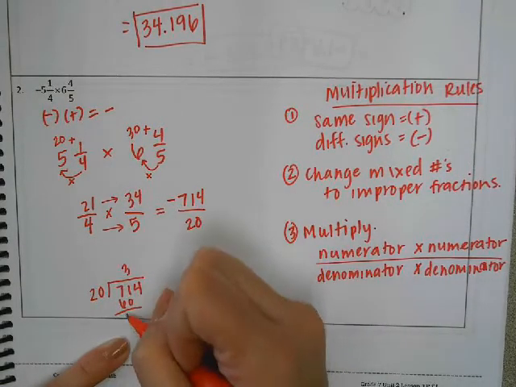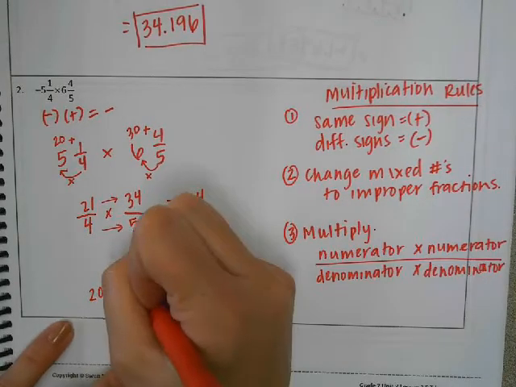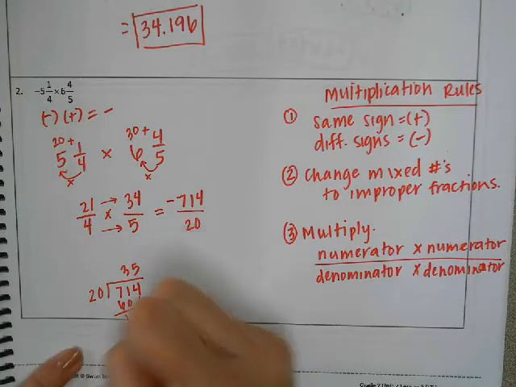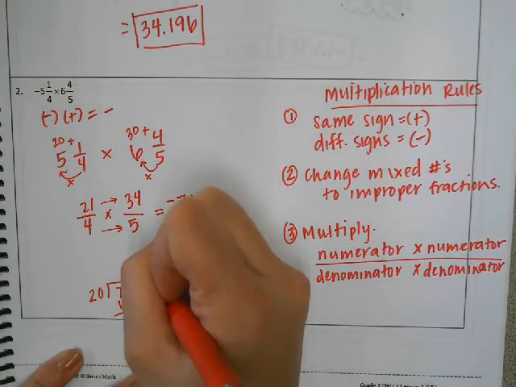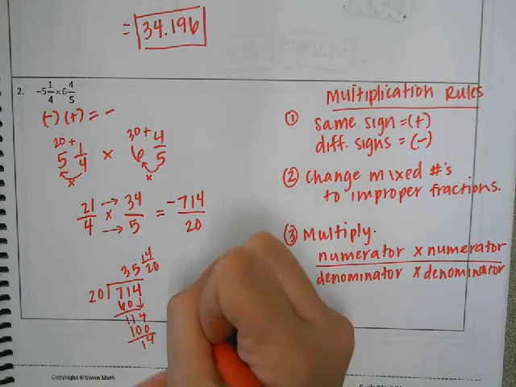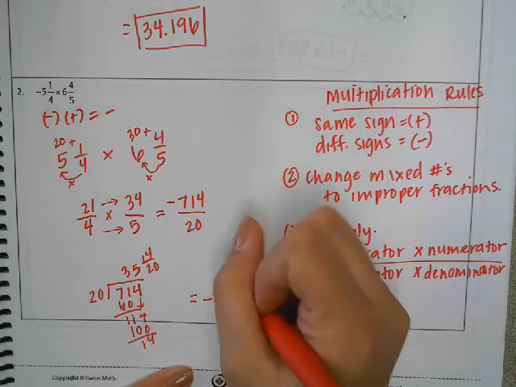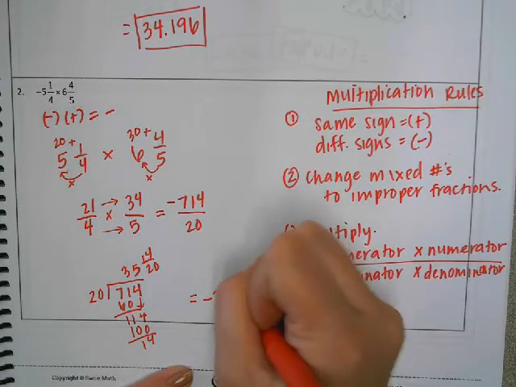We're left with 11, bring down your 4. It goes in 7 times, 140 with 14 over 20. I can reduce this a little bit more, so my final answer is a negative 35, and divide by 2, 7/10.